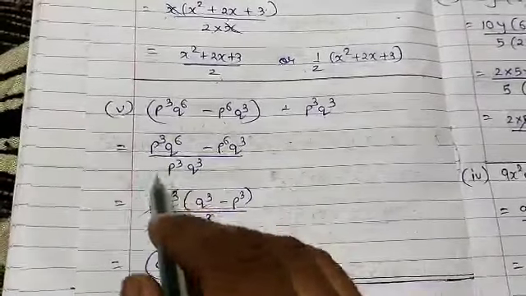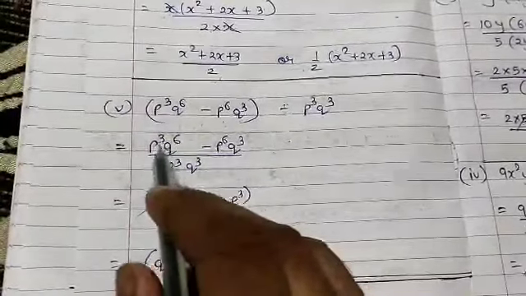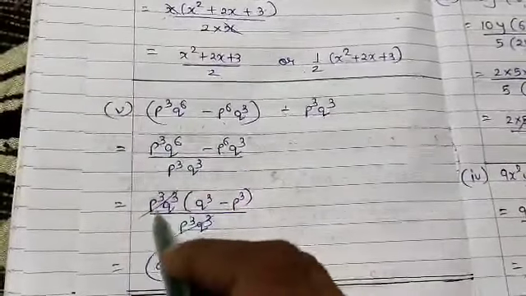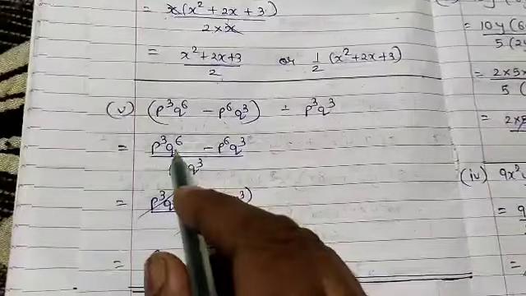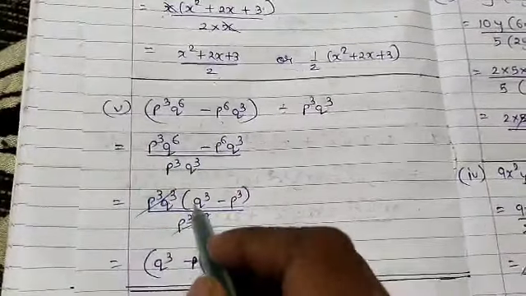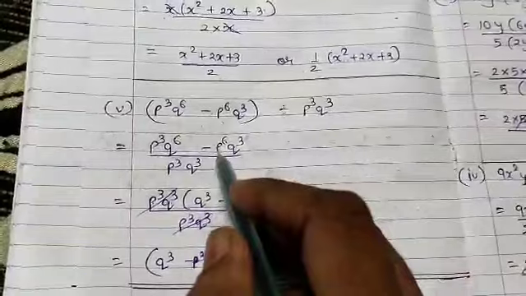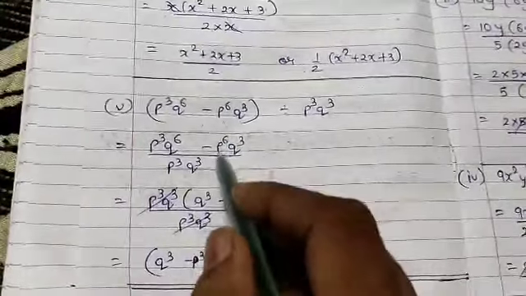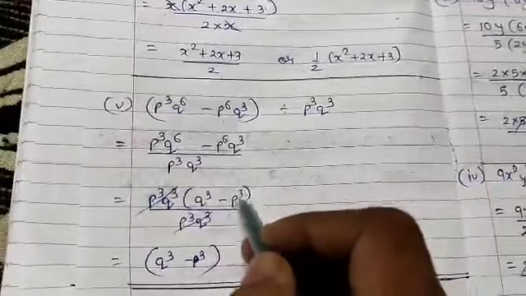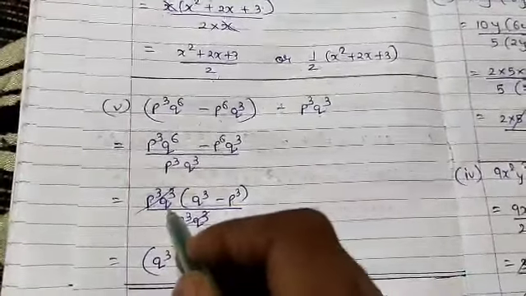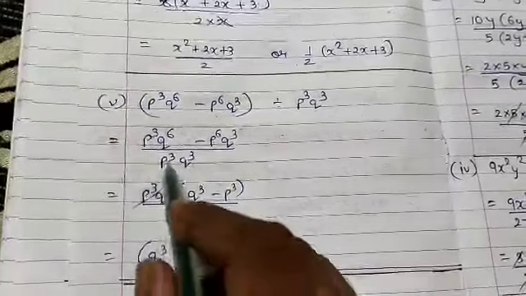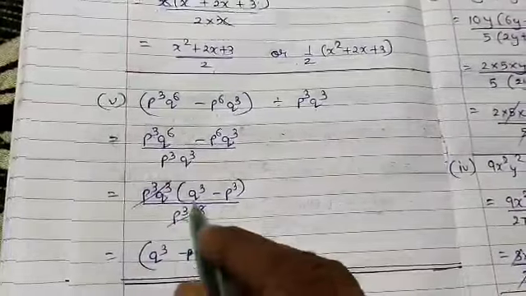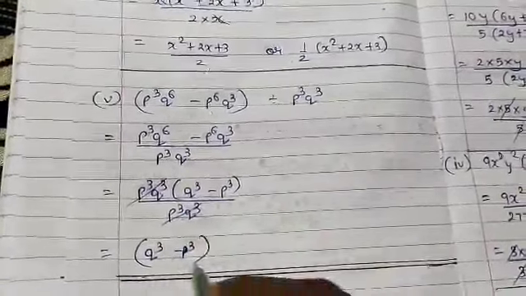So if I take p cube and q cube as a common, inside the bracket, from q raised to the power 6 only q cube will be left, and from p raised to the power 6 and q raised to the power 3, if I had taken p cube q cube, only p cube will be left, because q cube is already taken as a common. Now divided by p cube q cube, this is possible to cancel, and what is left? q cube minus p cube.